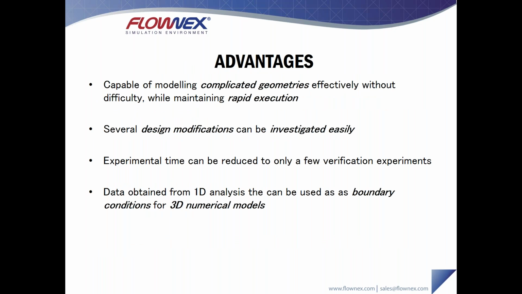So what are the advantages of this approach? What it allows us to do is model complicated geometries without too much difficulty while maintaining speed. So these networks solve pretty quickly, in the order of seconds. And that means we can look at several design modifications pretty quickly as well.